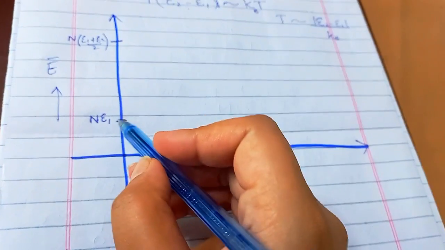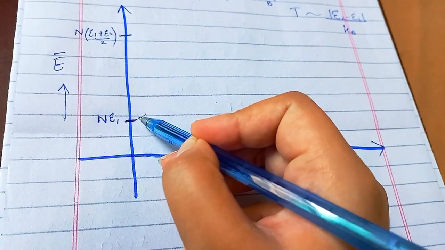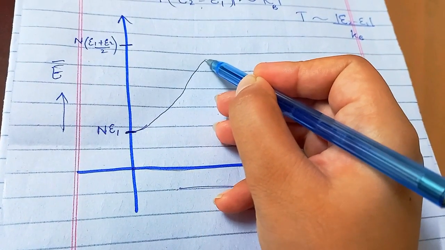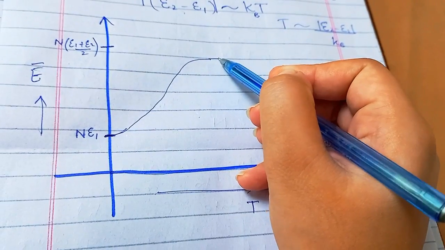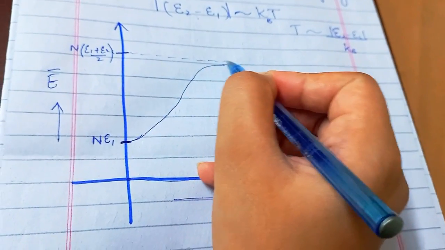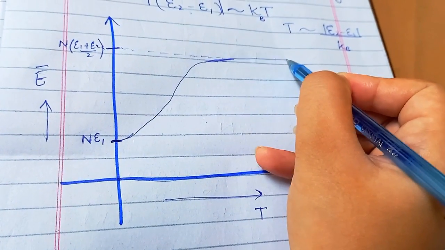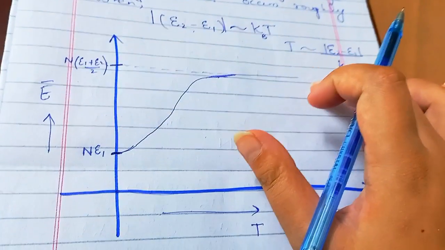Okay, so this lower temperature limit begins to increase and reaches a point where a higher temperature limit is reached, where the average energy becomes equal to this, and the graph becomes flat as the temperature increases, because the higher temperature limit is reached.